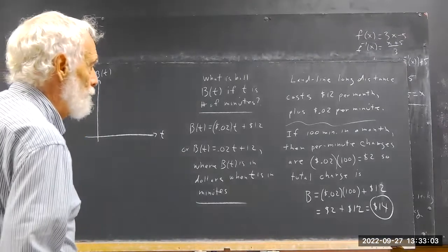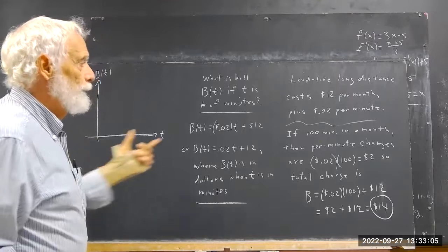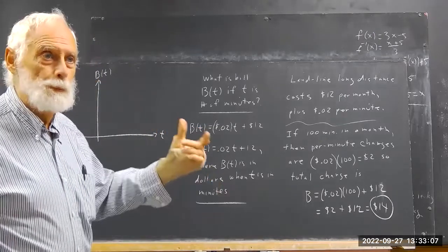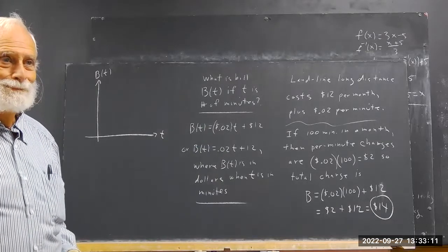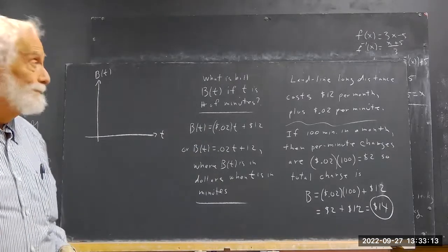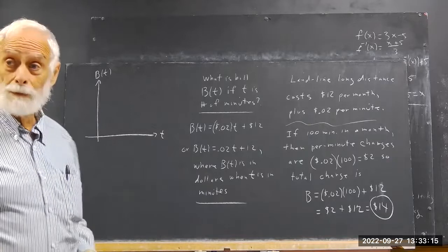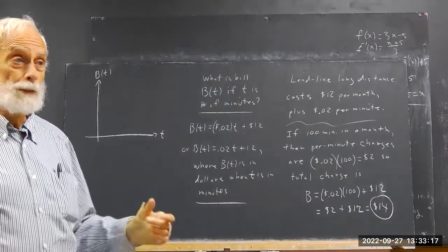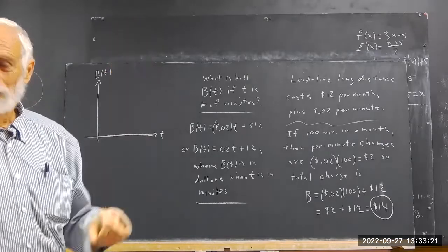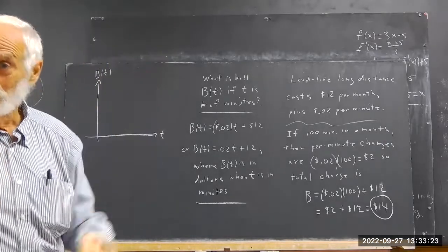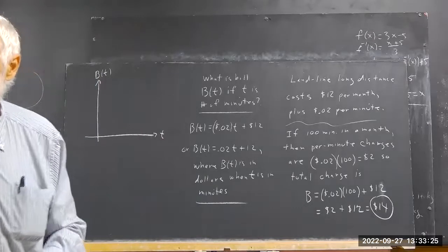I know if T is 0, what's B of T? Show me with your fingers. Now, B of T isn't 0. You still pay a bill even if you don't talk. Yeah, okay, I see it, this 12.